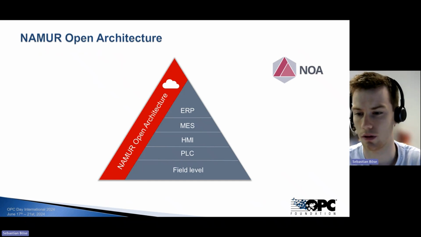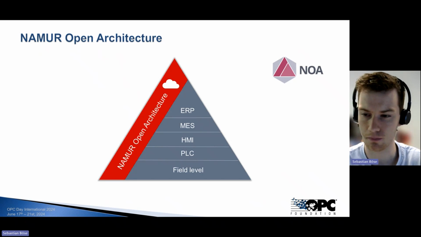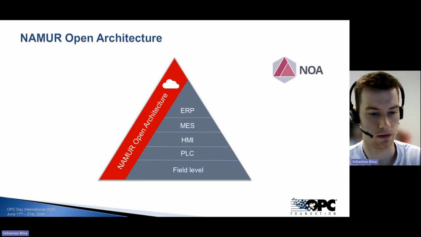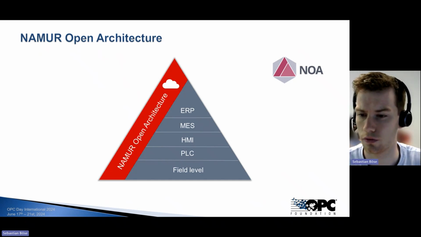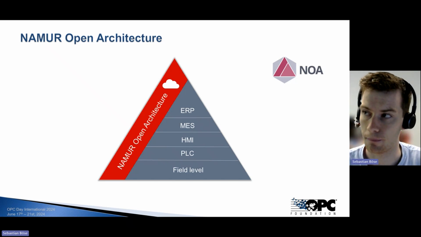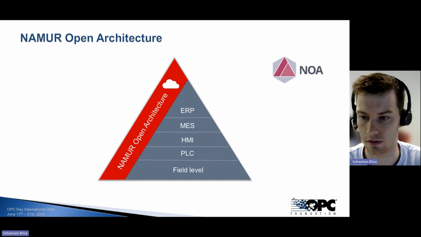So the idea is to gain more information out of the field devices by creating a so-called second channel. The idea is to get so-called vitality data out of the field devices, which represent the status and the lifetime of the field devices and are not really responsible for the process itself.